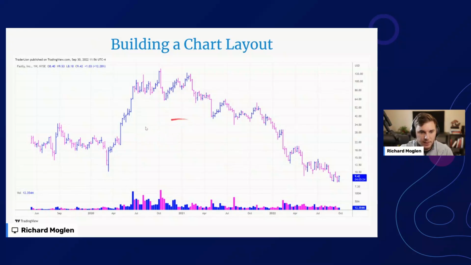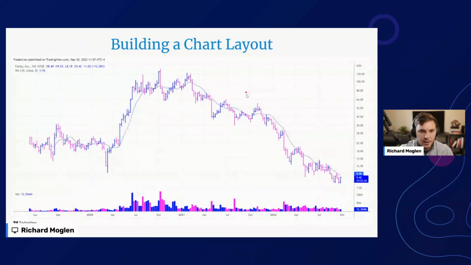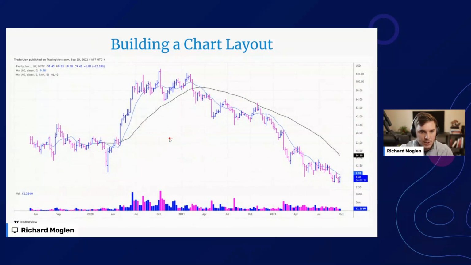And very simply, we're just looking at the overall trend. To do that, we'll add one moving average, the 10-week moving average, which is a great intermediate term moving average. And you can say that over this time period, the intermediate trend is up. We're also going to add a 40-week moving average, which gives us a better sense of the longer term trend of the stock.